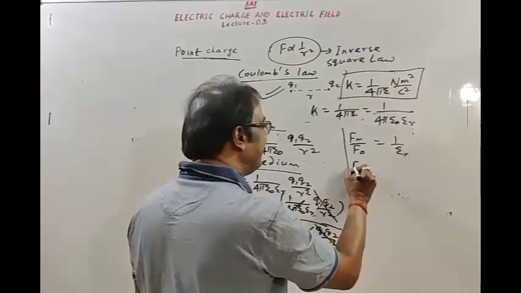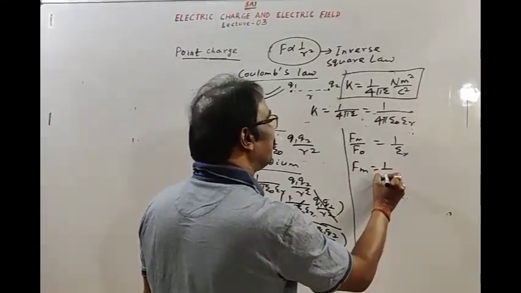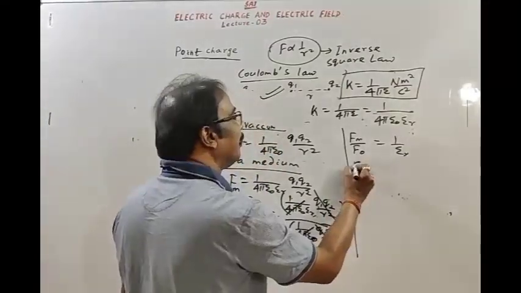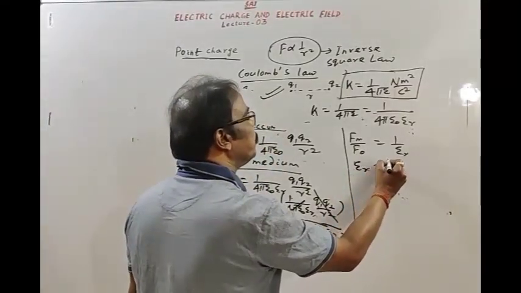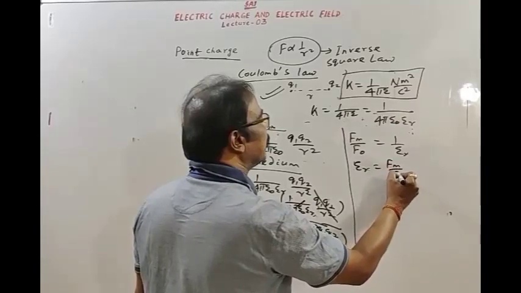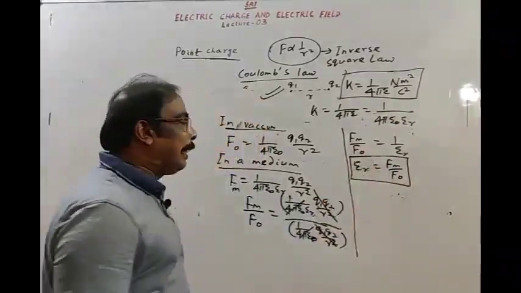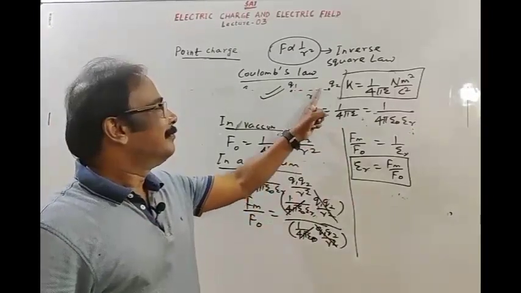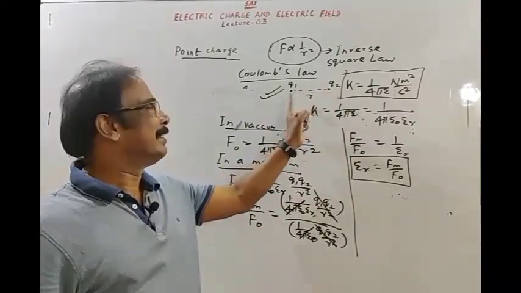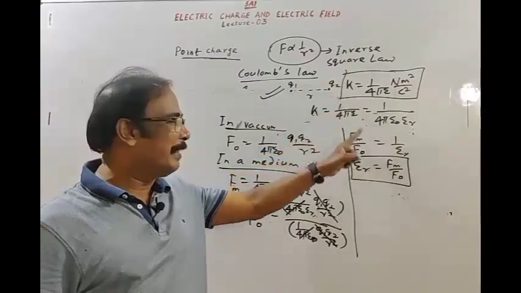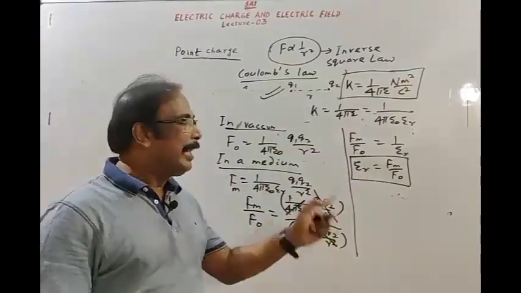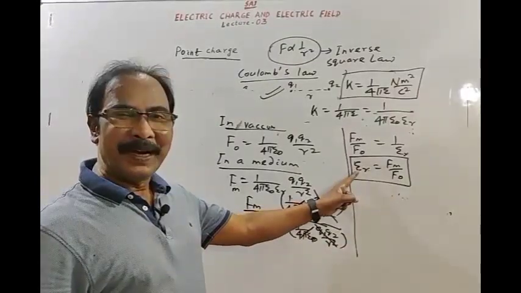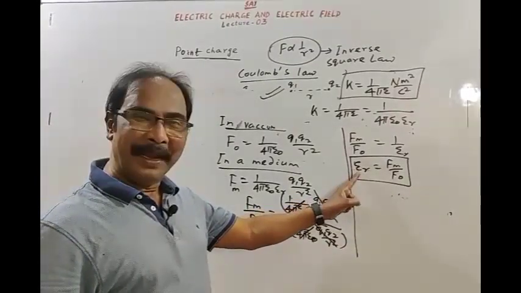So force in medium is equal to, or let's first define epsilon R, relative permittivity, in terms of forces. Relative permittivity of a medium in the space where 2 point charges are placed, that is epsilon R. It has no units, no dimensions, so only has numerical value.